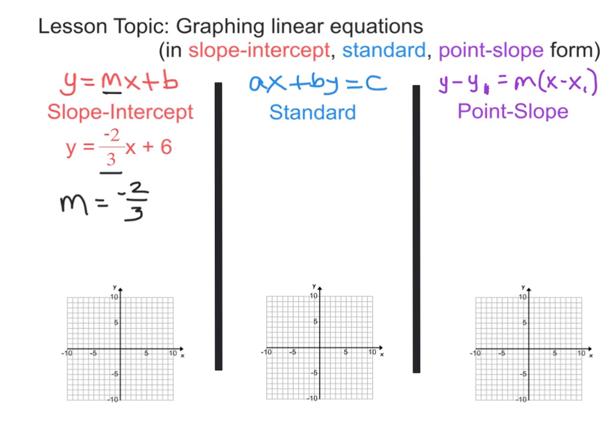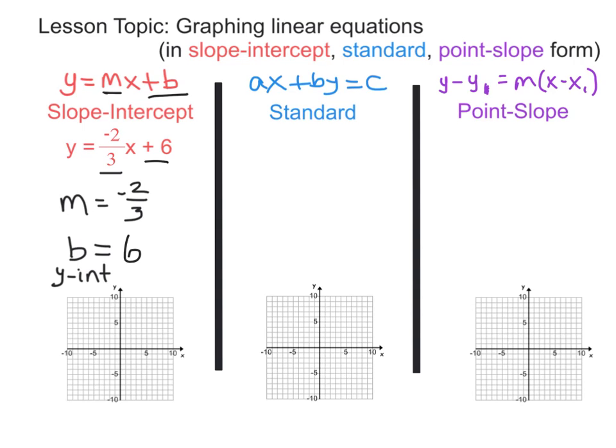The second thing we need to know in order to graph is the b value. B stands for our y-intercept, right? A y-intercept is where this line intersects the y-axis. So where on this vertical line does our line cross through? And b in this case is positive 6.